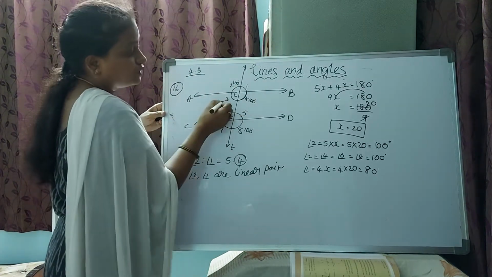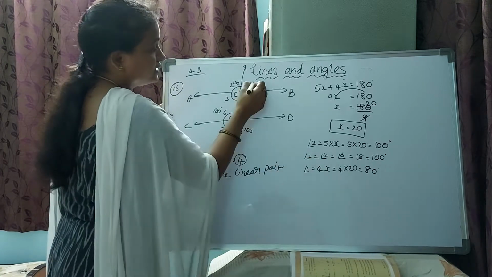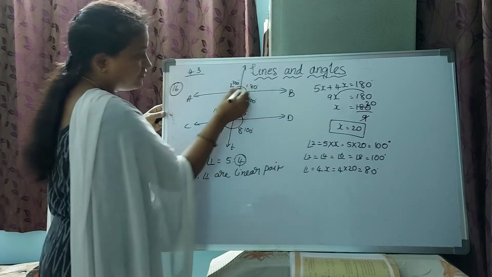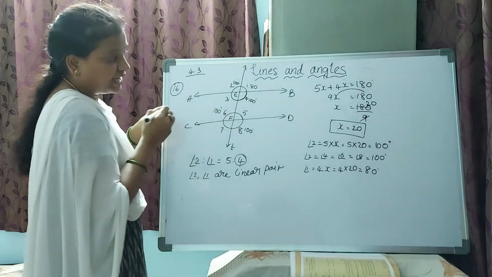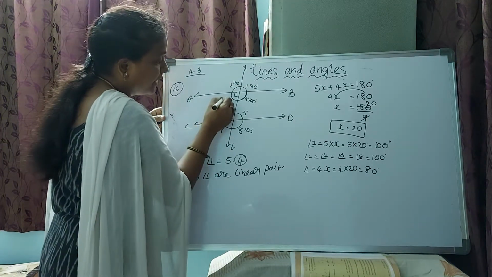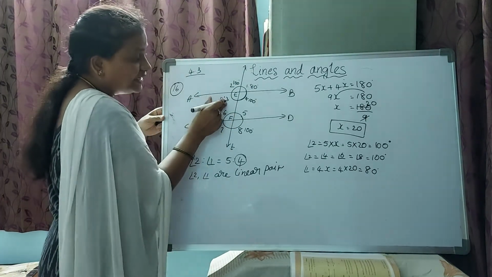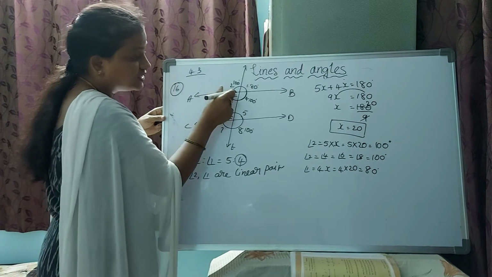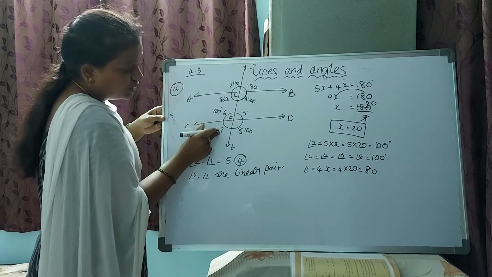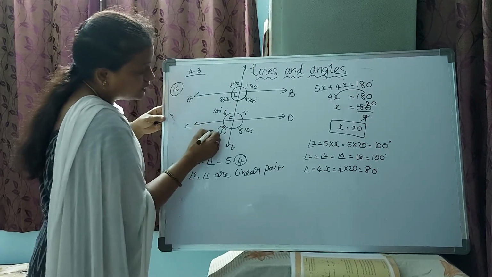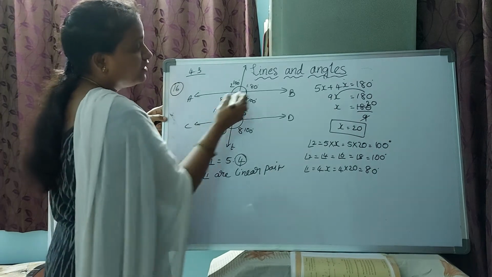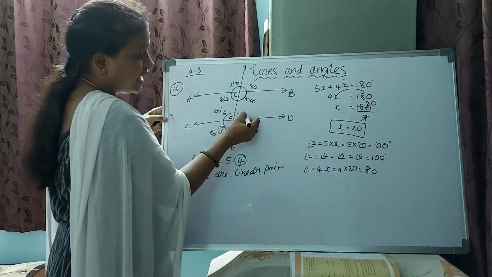Angle 1 is equal to angle 3. See, angle 1 is 80 degrees. In the same way, these two are vertically opposite angles, no? So this is also 80 degrees. If this is 80, what is the corresponding angle of this 3? Absolutely 7. So this is also 80 degrees. If this is 80, what is the corresponding angle? Angle 5.